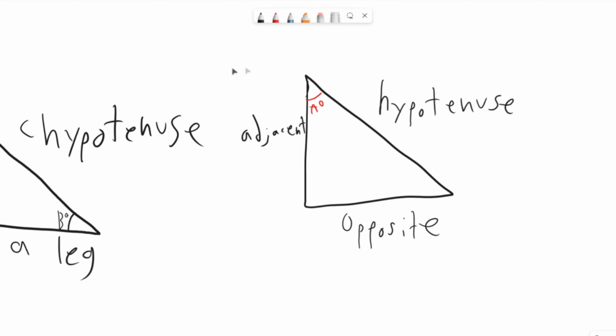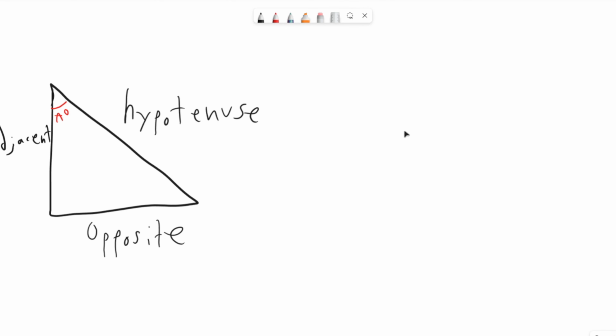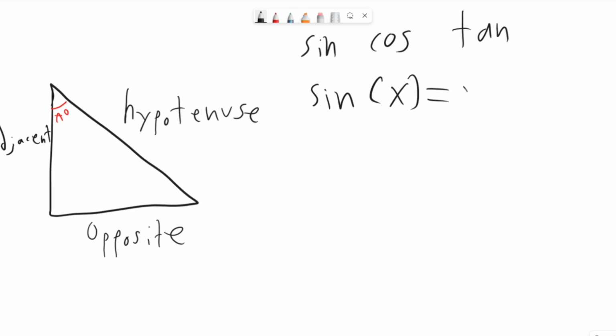Now, how do you calculate any of the trigonometric ratios with this? Well, you might remember them. It is sine, cosine, and tangent. Now, these are all abbreviations that we write for their functions. A function meaning something you write, you put a parenthesis, you have some input, and then it gives you some output.